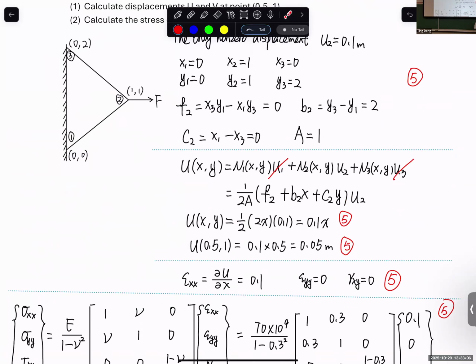Now you can imagine a 2D plane stress situation where you apply force here. If this is the pin joint and this is a roller support, it should be free to contract. Because simply, in a 2D problem, when you apply tensile force, there should be contraction in the lateral direction. Then it's free to contract, so the stress should be 0. Make sense or not?